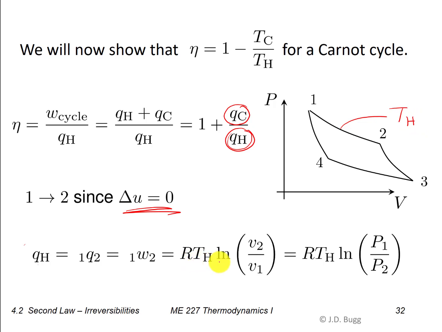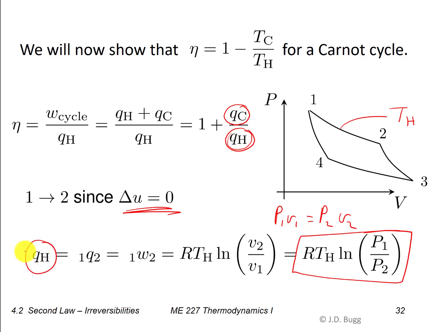So RTH times the log of V2 over V1, and we can rewrite this volume ratio in terms of a pressure ratio, because remember, P1V1 equals P2V2. So V2 over V1 is P1 over P2. So that is the heat transfer being supplied to this cycle. RTH log P1 over P2.